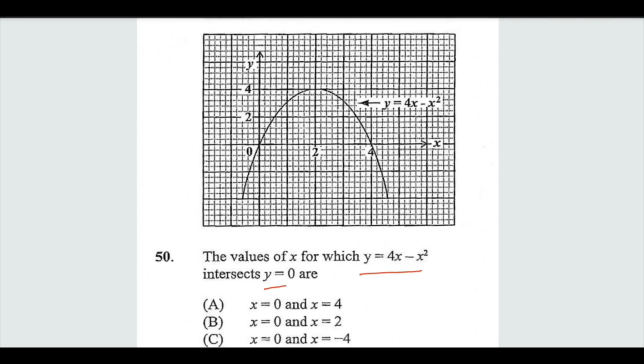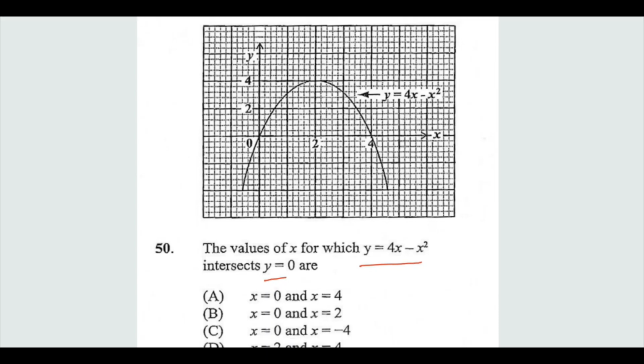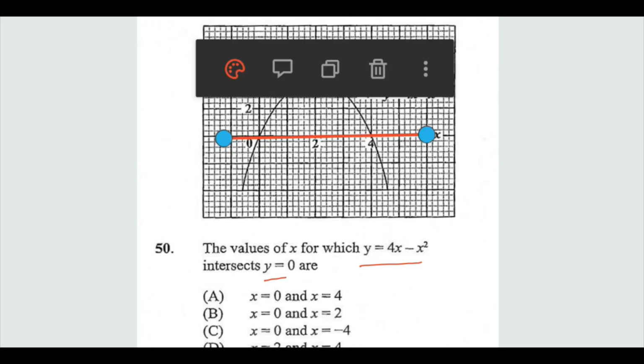So this is the graph, right? So we want to find the values of x when y is equal to 0. And we know for the line y equals 0, this is that line, straight across here.